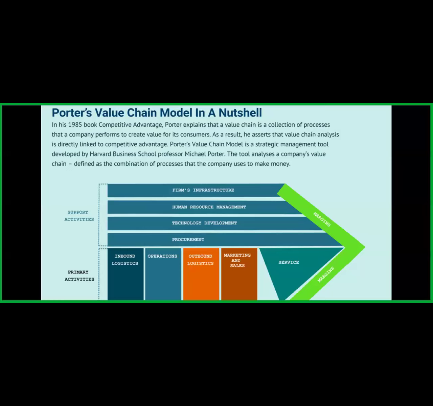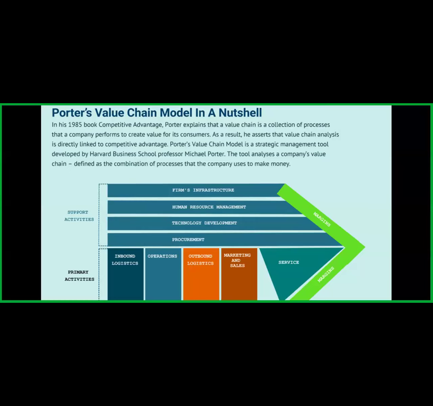If there is electricity failure, whether drinking facilities are available, whether rest facilities are available, whether other facilities are given to the employees. All these things are included under infrastructure.